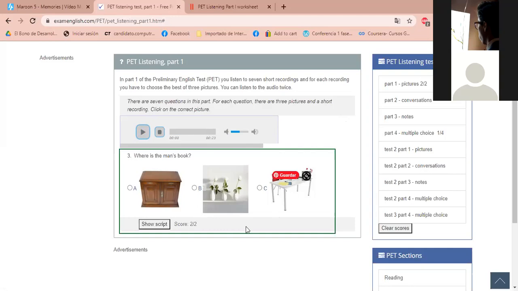Entonces, ¿cuál será la palabra correcta? Cabinet, shelf, or desk? Bibi had the right answer. Bibi le atinó. Estuvo en la repisa todo este tiempo. It was on the shelf after all.